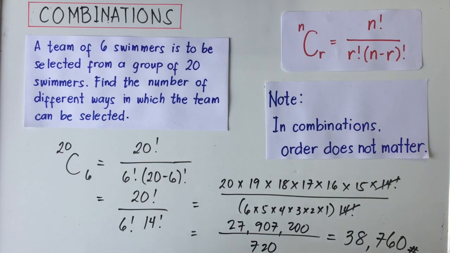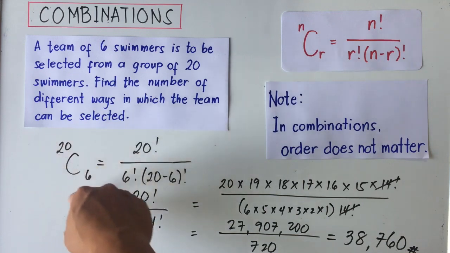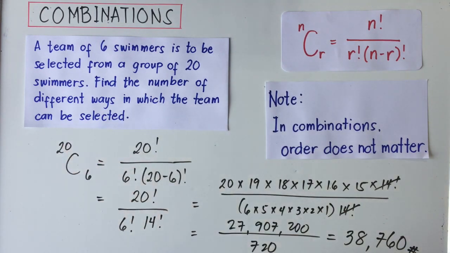By the way guys, in IGCSE, is it okay if we are not going to do this? It is actually okay. How? You will just write this in your calculator, 20C6.